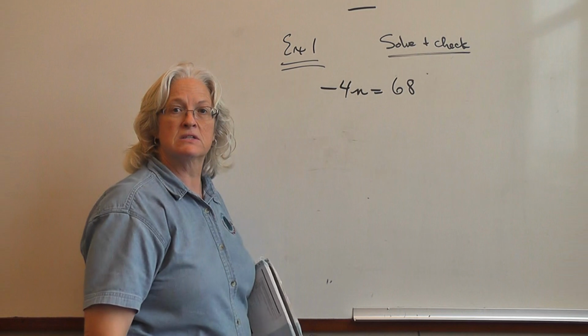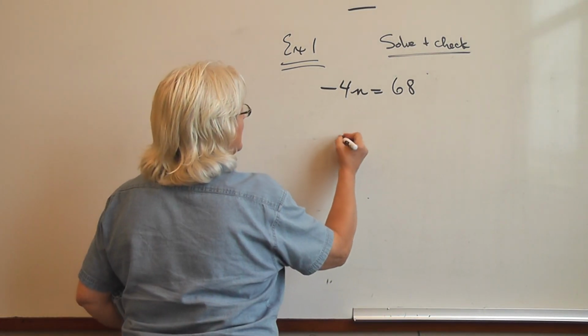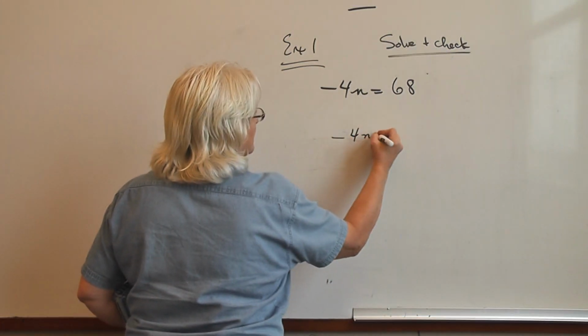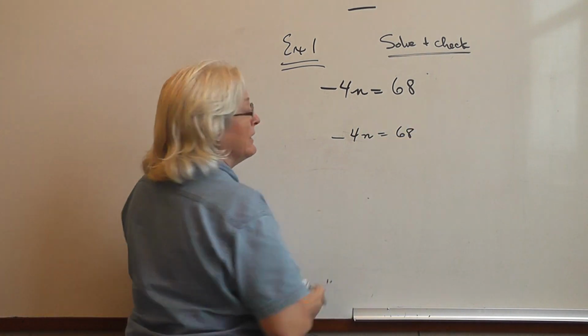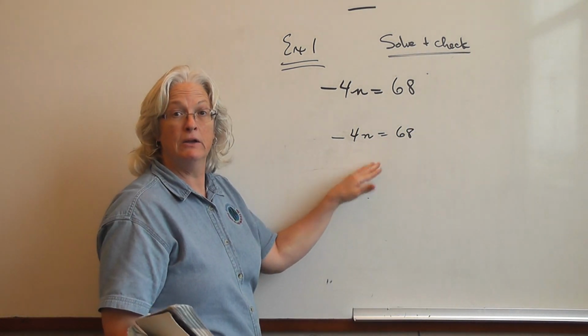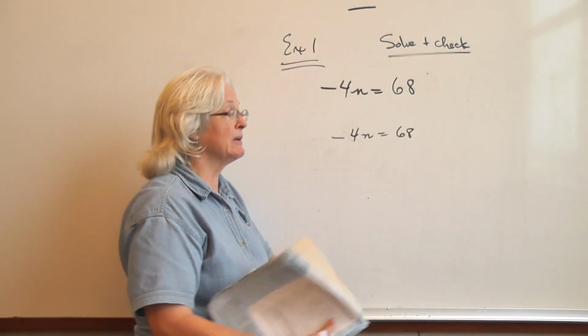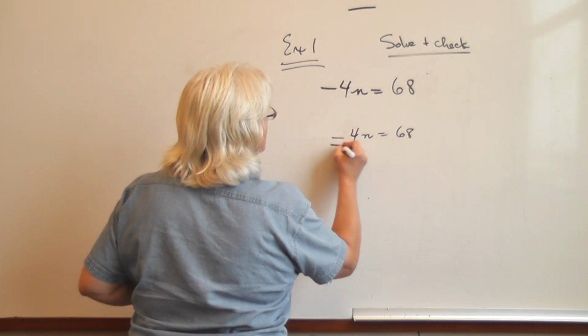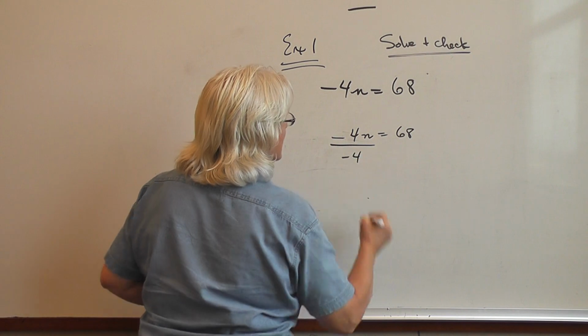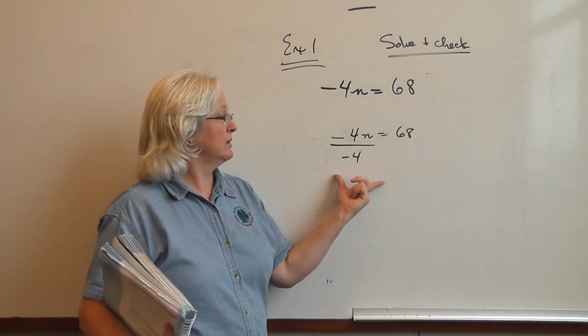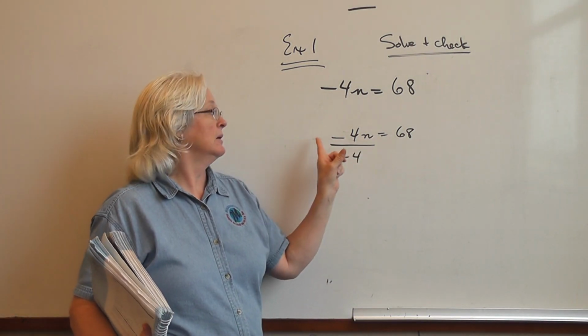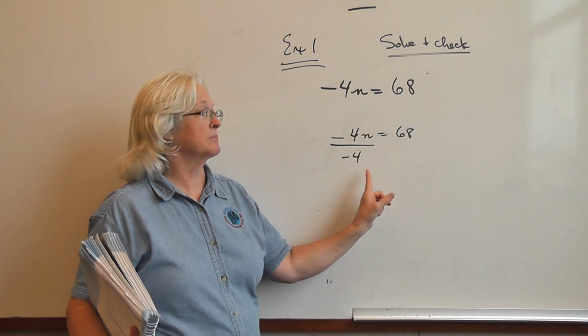We're going to look at this and say, what has happened to the variable? Well, it has been multiplied by not 4, but it's been multiplied by a negative 4. So we're going to divide by the very same amount that we multiplied by. Going to divide by negative 4.